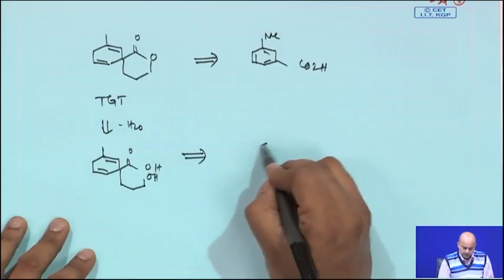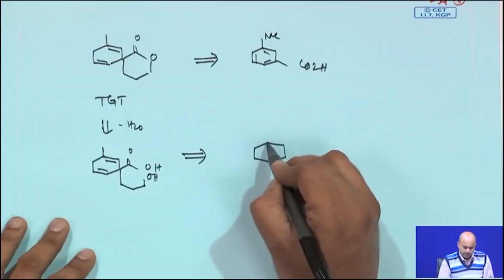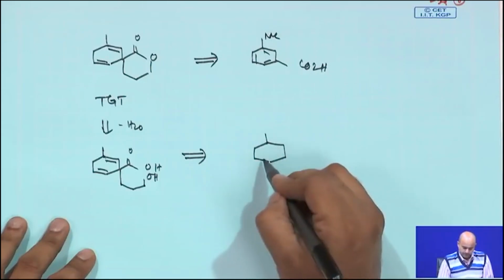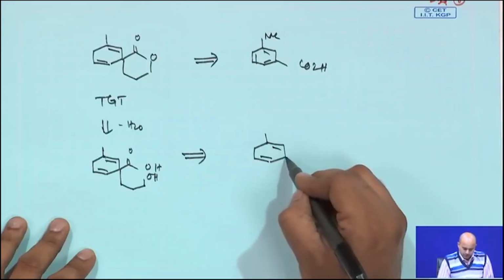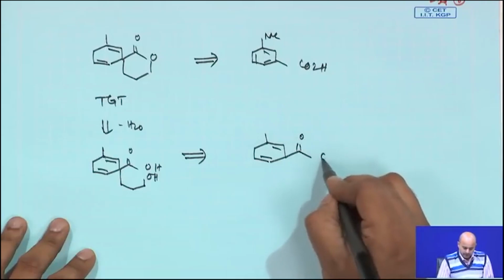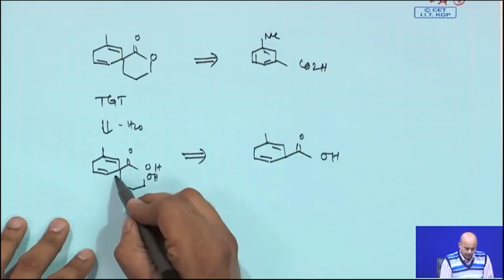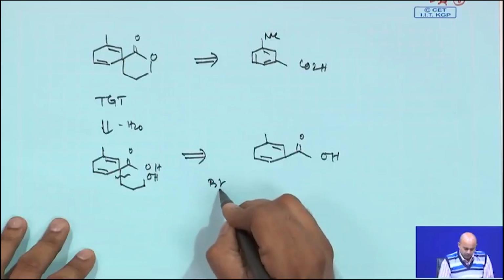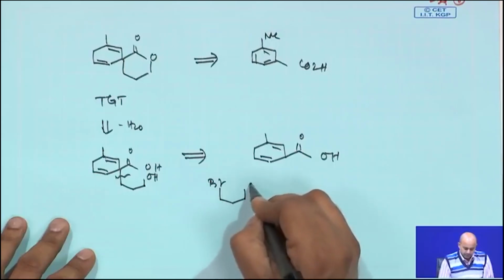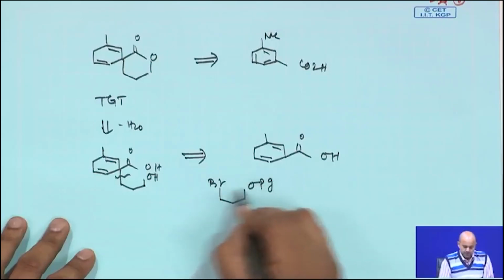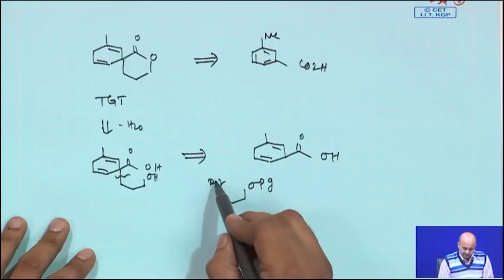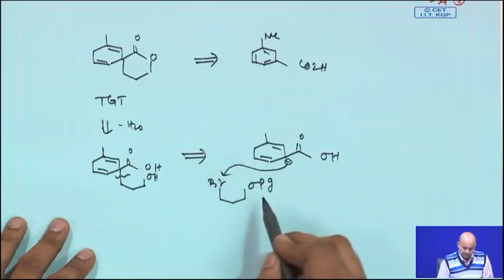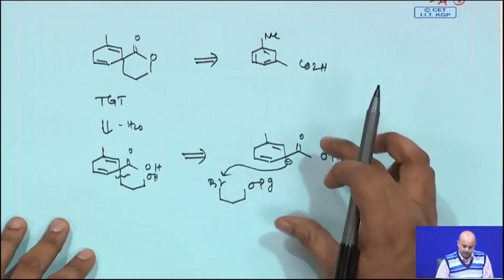Then, as you have explained, if you have a Birch reduction of this kind of system, you can quench these things with an electrophile. So, what you need is an electrophile with a protecting group, Pg, which can undergo a carbon-carbon bond forming reaction. Then you remove the protecting group and do this esterification.